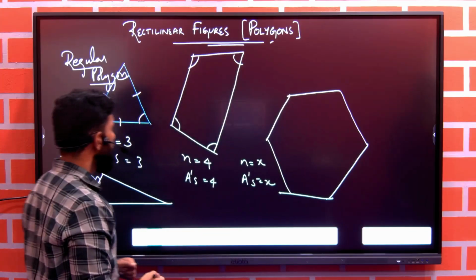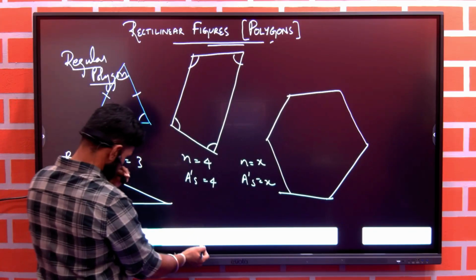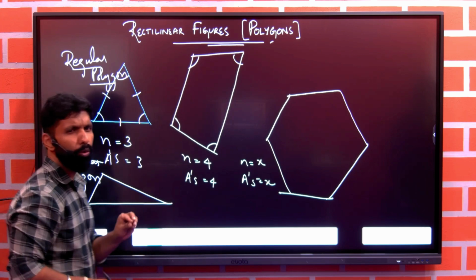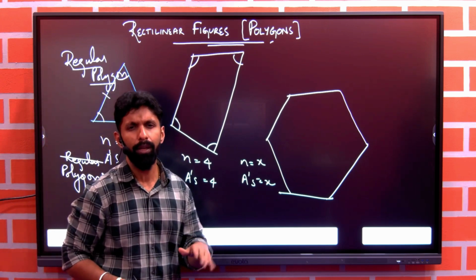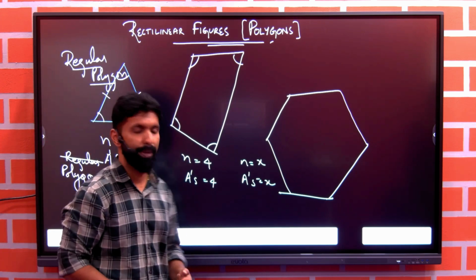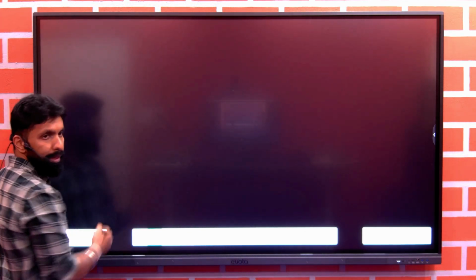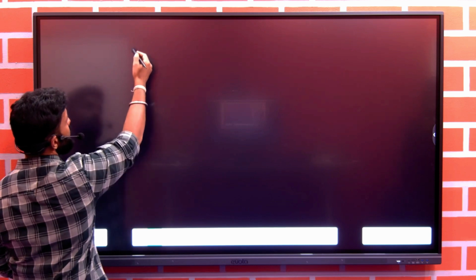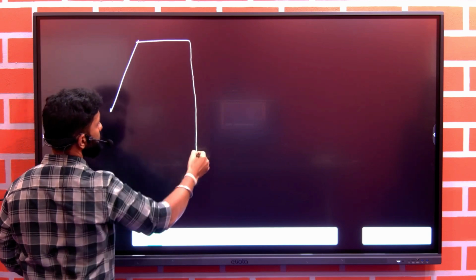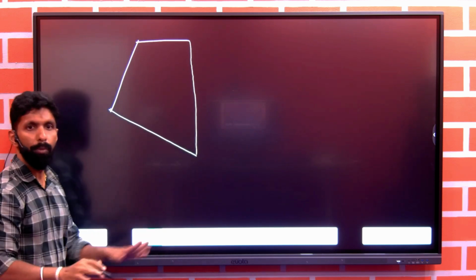Now, let's talk about the basic formulas. We only have 5 formulas to remember and we are going to practice a few questions based on that. Now, in a polygon, let's talk about a random figure.